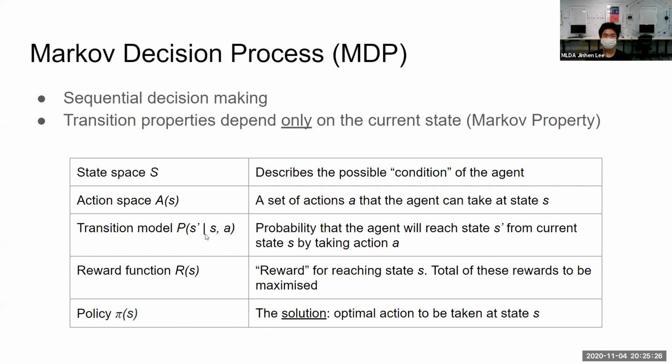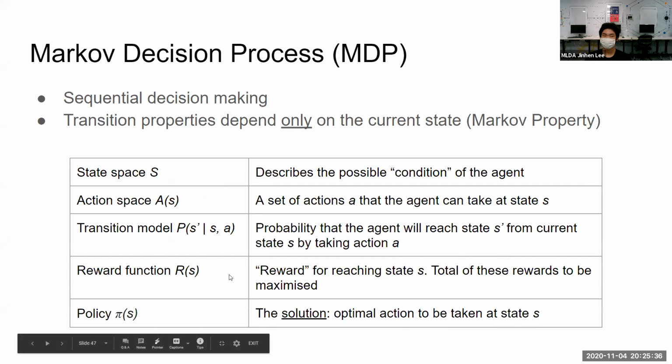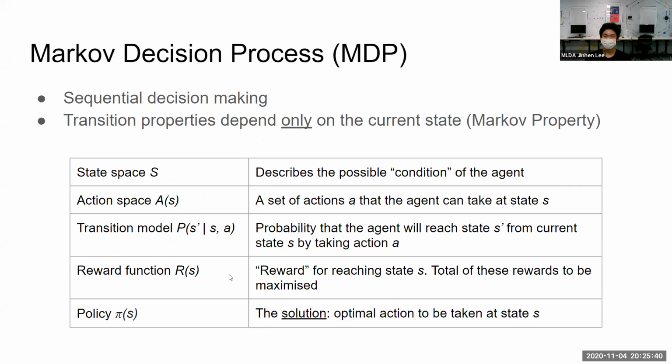Here in this course, we discuss the Markov decision process, or MDP. This is a type of sequential decision making. One very important property of this process is the Markov property, named after the person who defined it. It states that the transition probabilities depend only on your current state.